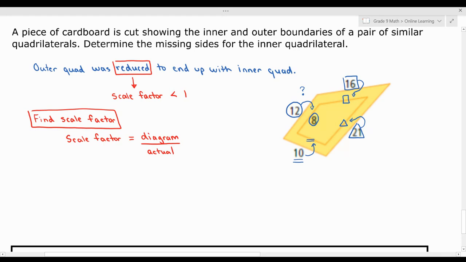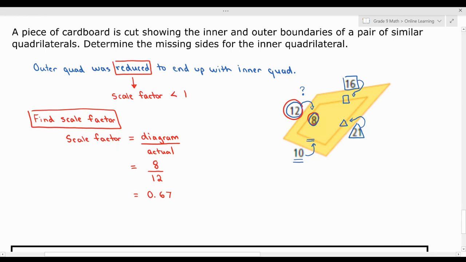So our diagram length that we end up with, that's the inner quad, so that was our 8. The actual, what we started with, was the outer quadrilateral, which was 12. So I can go 8, compare it to 12, so 8 divided by 12. I'm going to write it as a decimal, keeping 2 decimal places. Okay, so it's actually 0.66666, never ends, so I'll round it to 2, I will say it's 0.67.